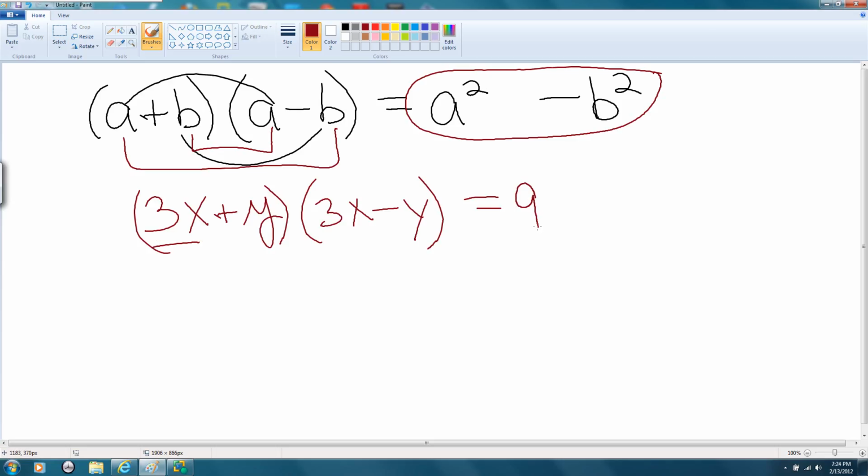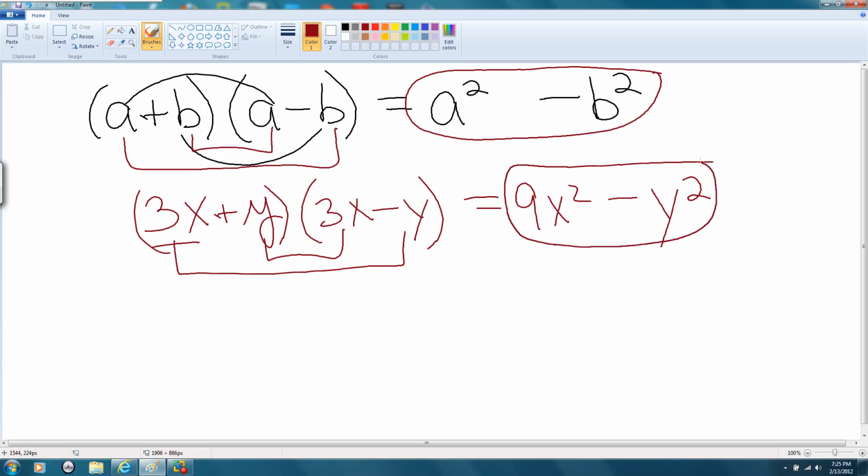That's going to be 9x squared. And then for the y term, we're going to get minus y squared. And that's it, because the middle terms are going to be 0.